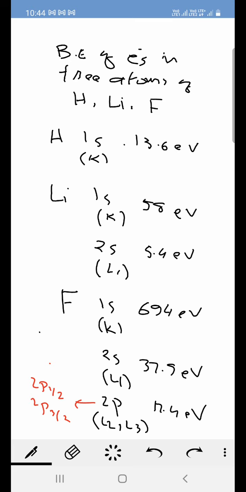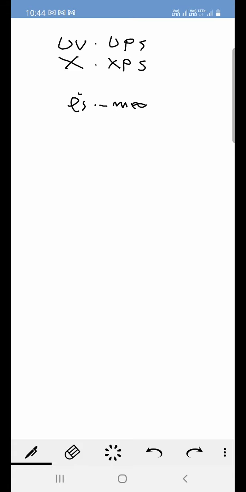So as we have said, there are two ways by which we can generate the photoelectrons, either a helium lamp or a UV light. That is called ultraviolet photoelectron spectroscopy, and if you are using an X-ray, then it is called X-ray photoelectron spectroscopy. Now in both XPS and UPS, the electrons that are ejected are measured by using a hemispherical analyzer.